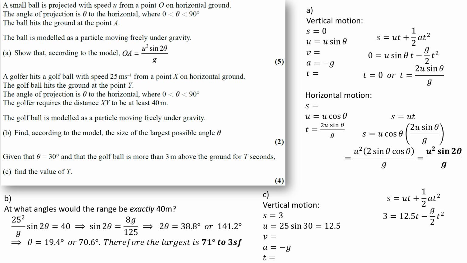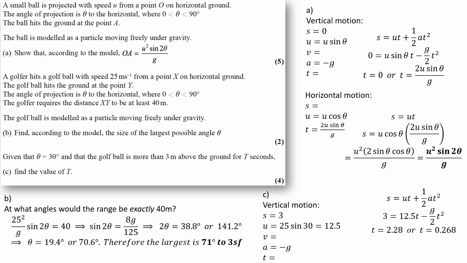So the initial speed is not just u sine theta, but 25 sine 30. Acceleration I already know is going to be due to gravity downwards, and I'm looking for the two moments when the vertical displacement is 3 meters. When I rearrange and solve, let the calculator do the work, there are two moments in time.